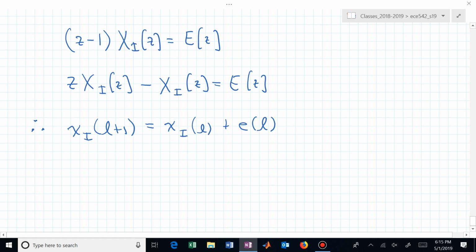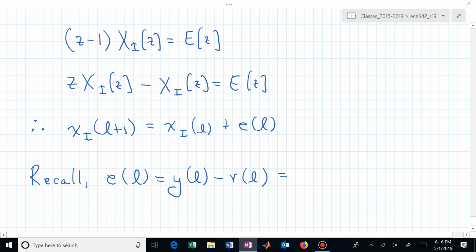Now what we want to do is remember what we were calling this error signal E. E was in fact the output Y of L minus the reference input R of L. But Y of L we can relate to our original state vector.